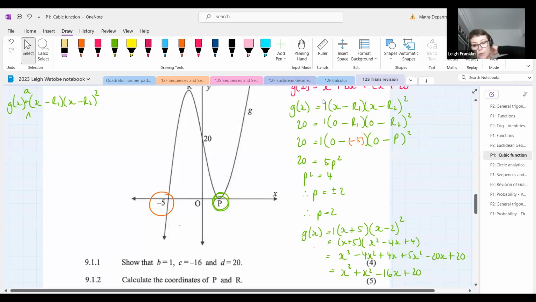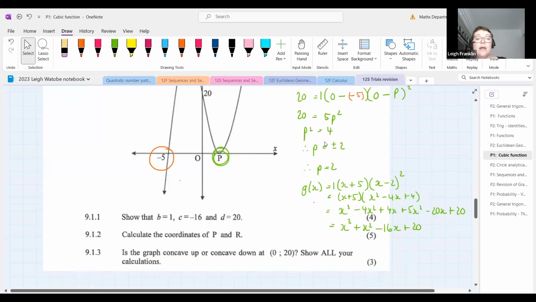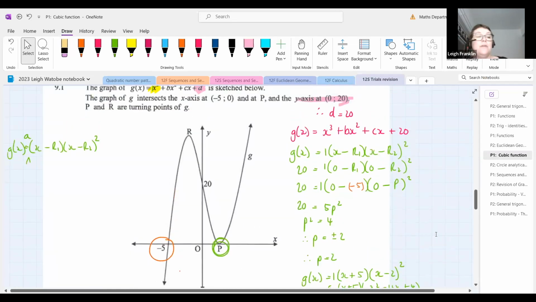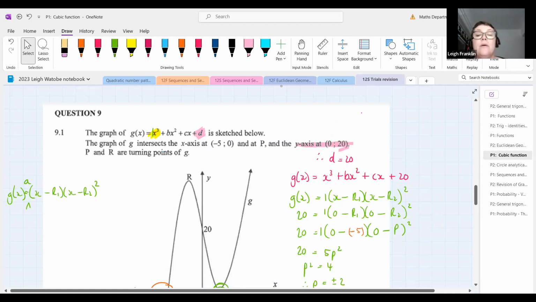All right, so we've shown that B is 1, C is minus 16, and D is 20. It's a little bit long, but there we go. All right, so that would be 9.1.1. Lots of algebra going on there.